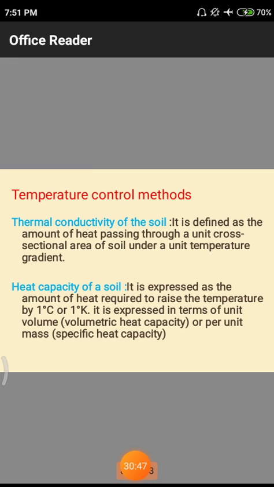Thermal conductivity of the soil is defined as the amount of heat passing through a unit cross-sectional area of soil under a unit temperature gradient. That means we have to use different temperature measuring gradients. Why? Because for a constant flow of temperature, we have to give a constant temperature. In those cases, how do we employ these systems?